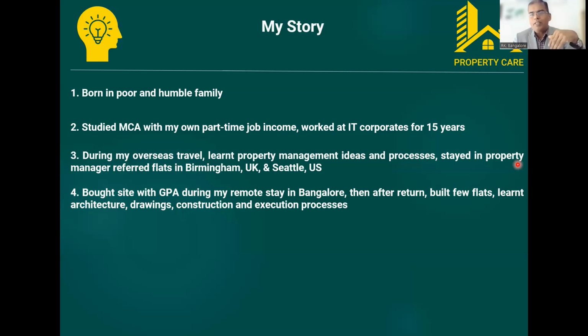That is how I purchased a property in Bangalore, India. After returning from the US, I built an 8-flat apartment, my own apartment. I stay in one unit, and the remaining 7 I let out.